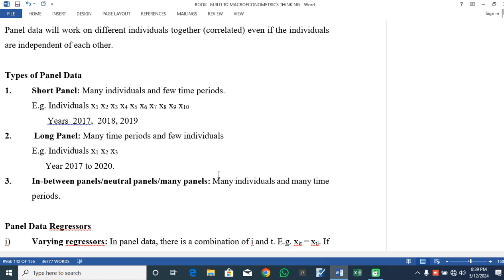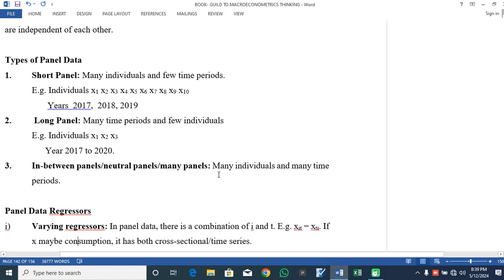So in the long panel, we have many time periods and few individuals. An example is individuals X1 to X3, while the years could be from 2017 to 2019. At that level, if you look at it, the number of individuals and the number of periods are virtually almost the same.